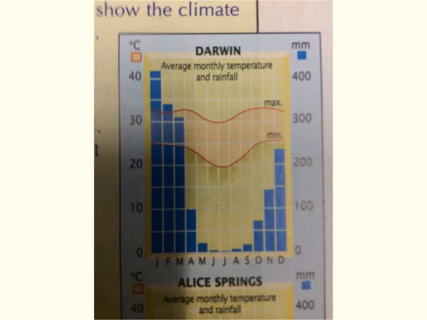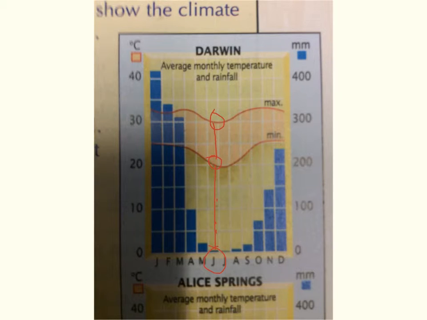Okay. So if we wanted to identify what the temperature was, let's say, for example, for June, what we would do is we would simply look up, and if we wanted the minimum, we would read off from where that is there, and if we wanted the maximum, we would then read off from the top line.